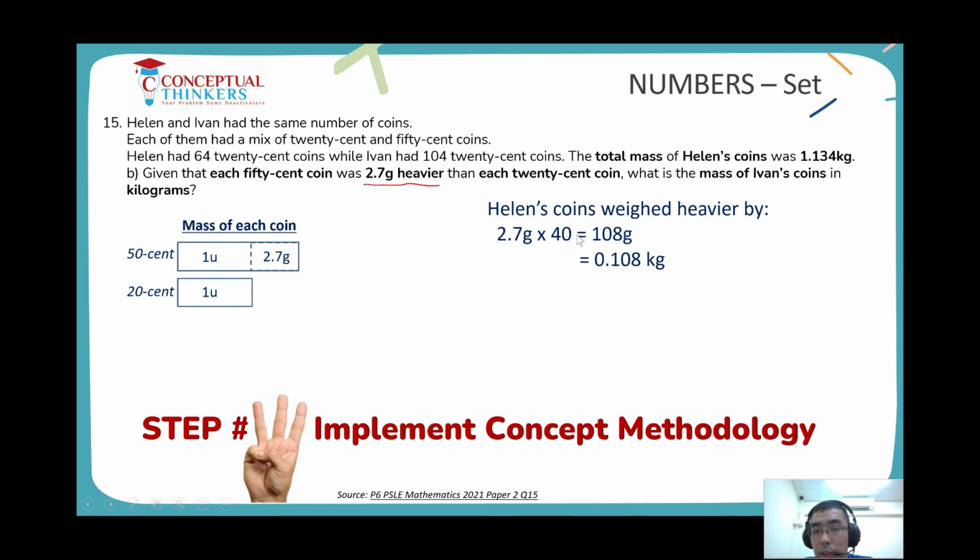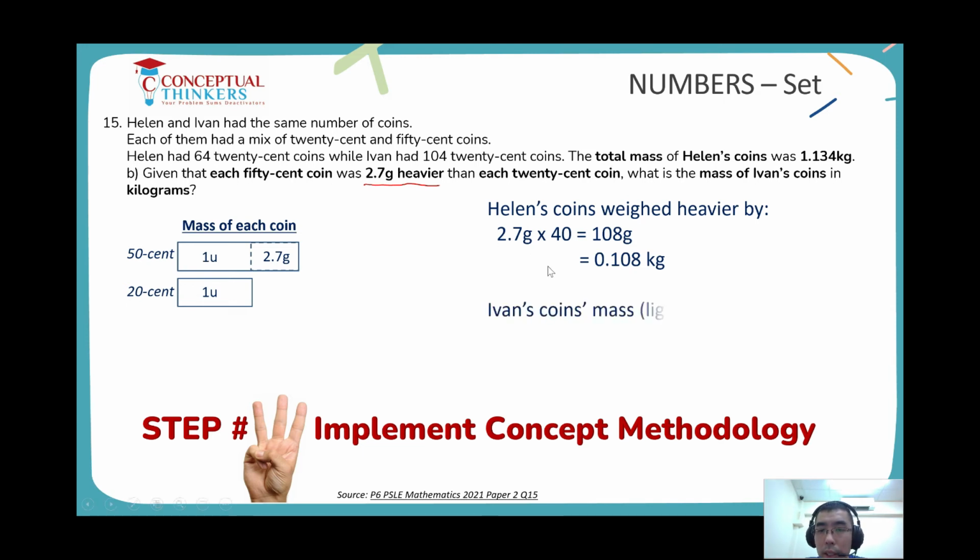Now, why is it 40? Because if you still remember our previous model drawing, Helen has 40 50-cent coins. So if you take the difference between 40 50-cent coins against 40 20-cent coins, Helen should be heavier by 108 gram. And if we convert it to kilogram, it will be 0.108 kilogram.